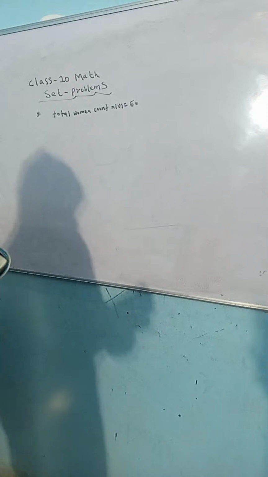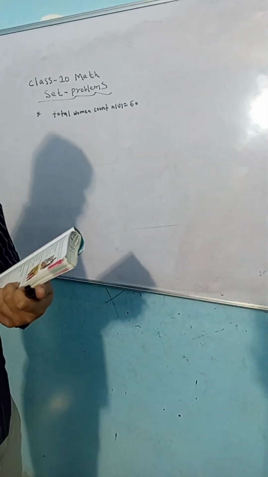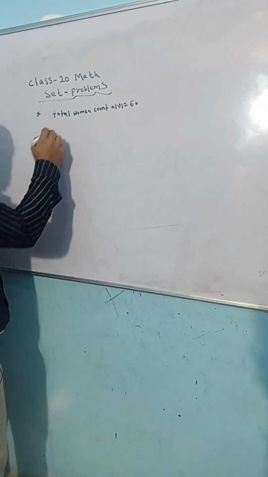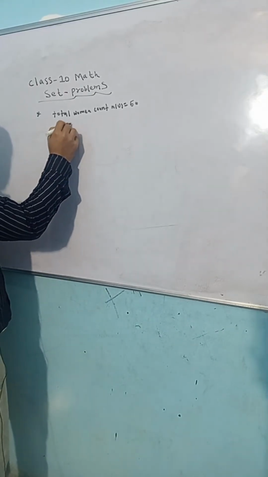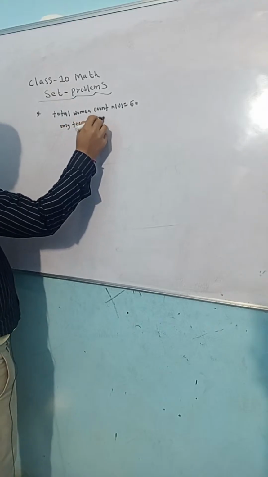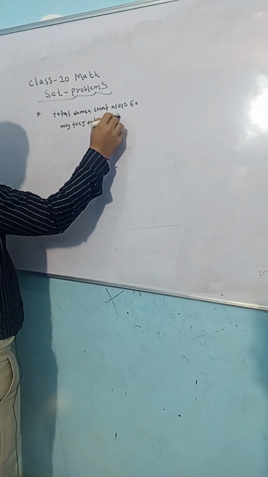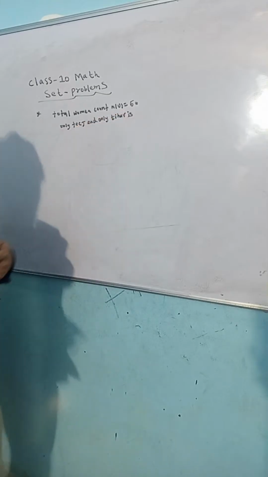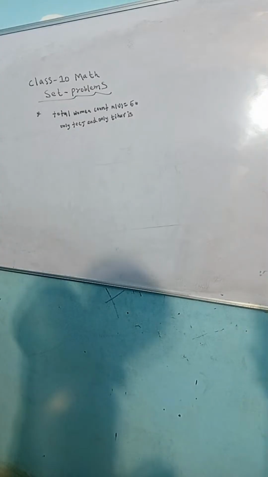Who like only Tej and only Tihar is 4 is to 3.